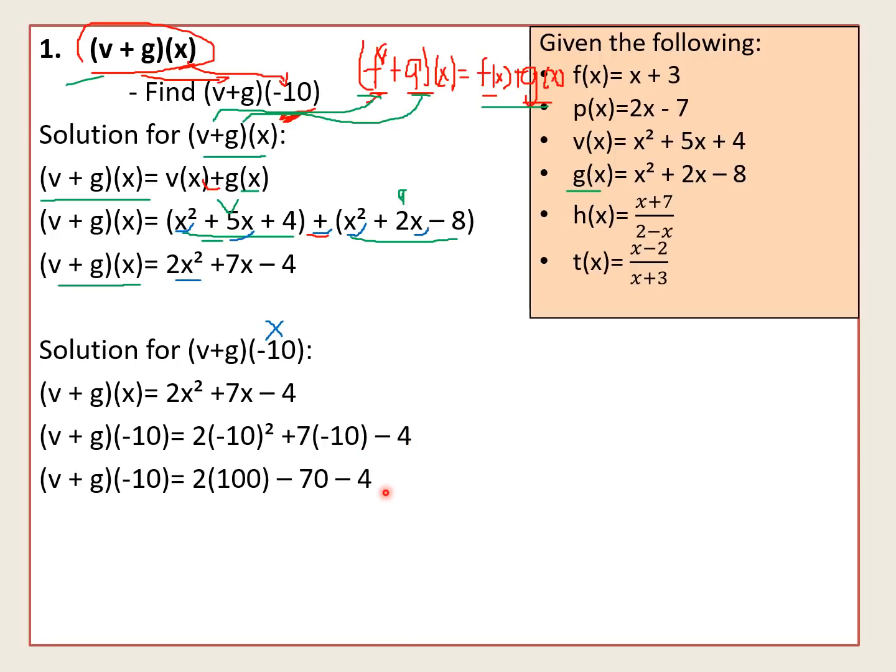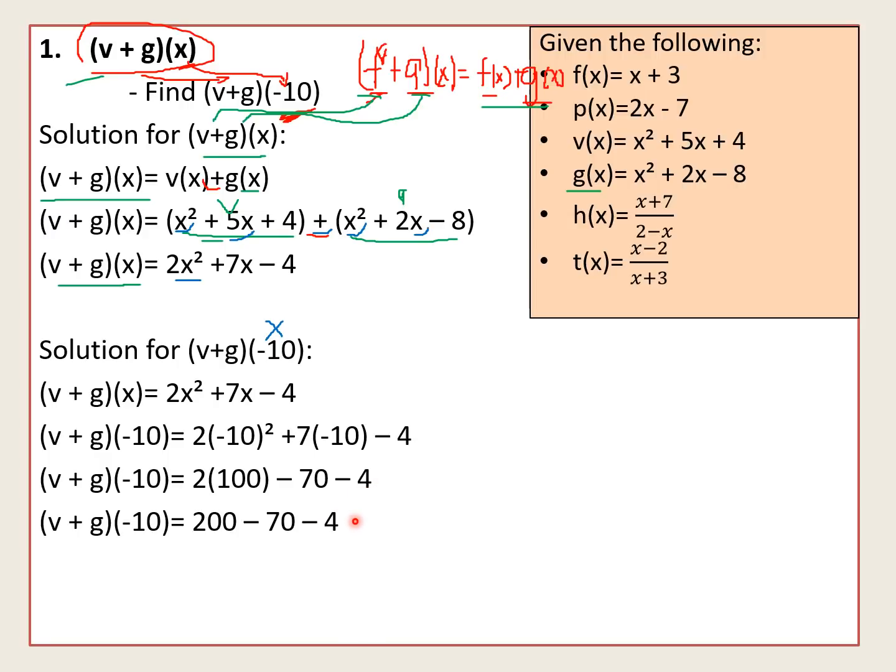Let's break it down. We still have something left here. Okay? So, the next solution would be f plus g of negative 10. Just copy, because this is the name of the function, which is equal to 2 times 100, 200. Good. Minus 70 minus 4.